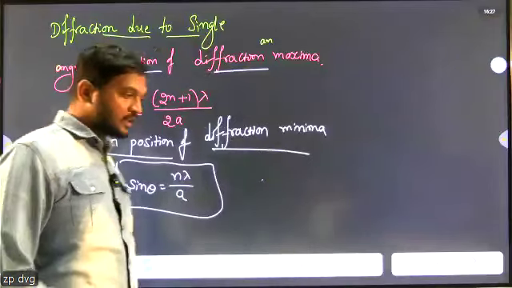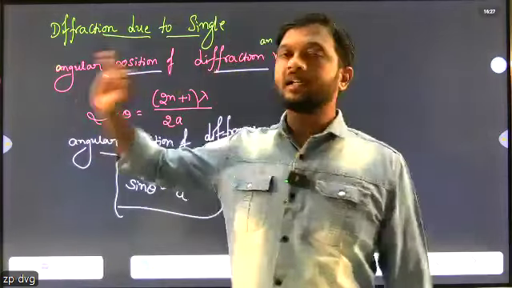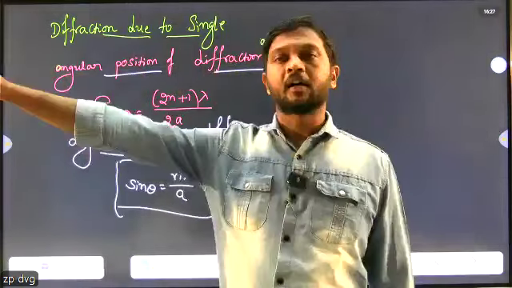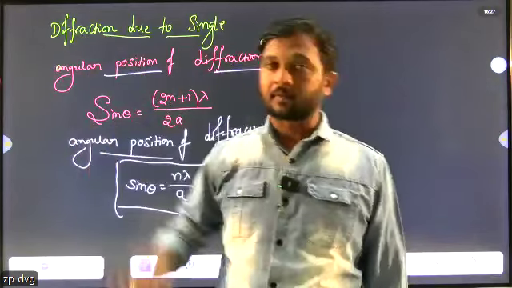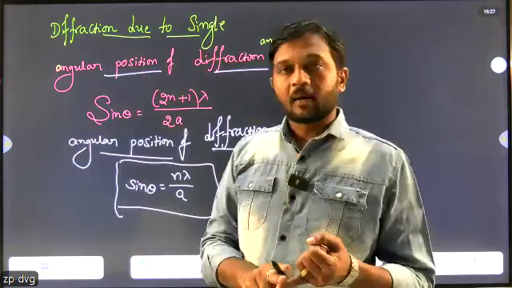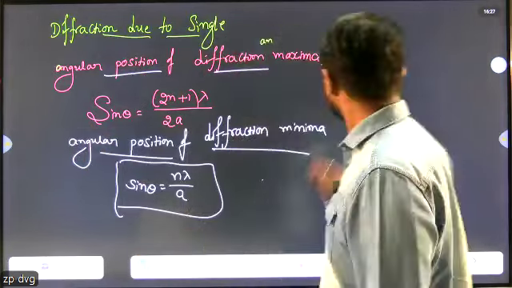But what are the characteristics of diffraction fringes? Central bright maxima is always formed. Surrounding alternate bright and dark fringes are formed.